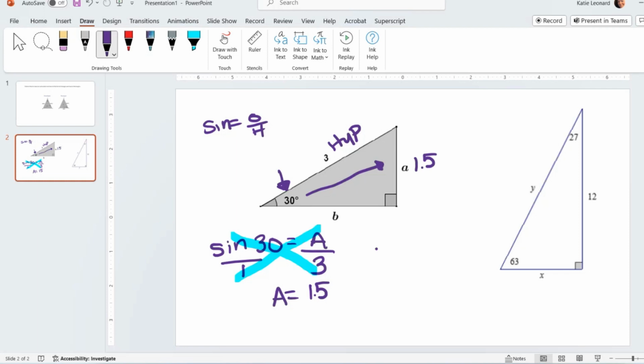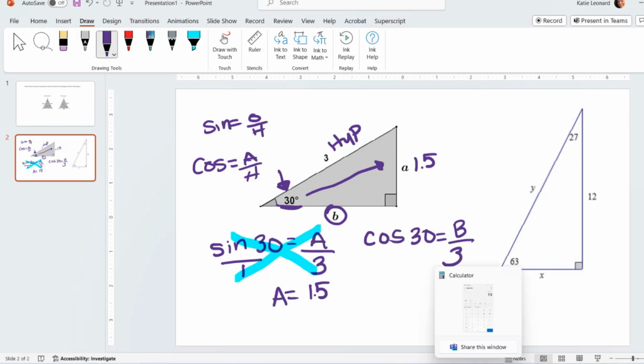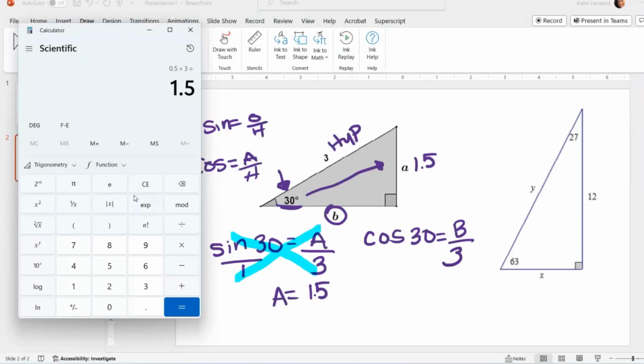Now I'm going to do the same thing, but I'm going to use the cosine of 30 to find B because B is adjacent. It's part of this angle. And cosine equals adjacent over hypotenuse. So B over 3 again. And again, I'm going to get my calculator, clear it out.